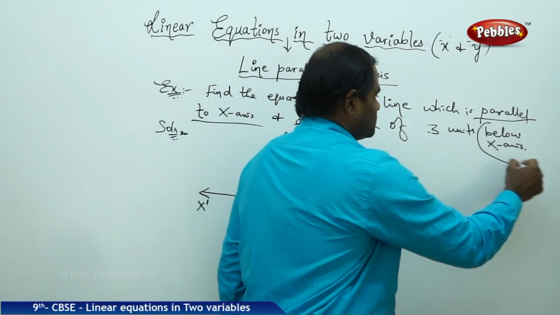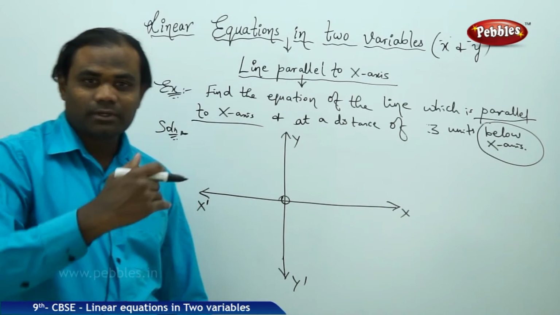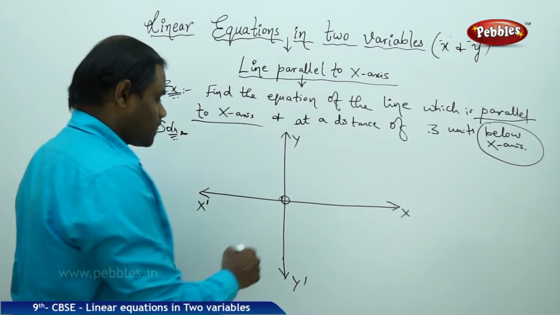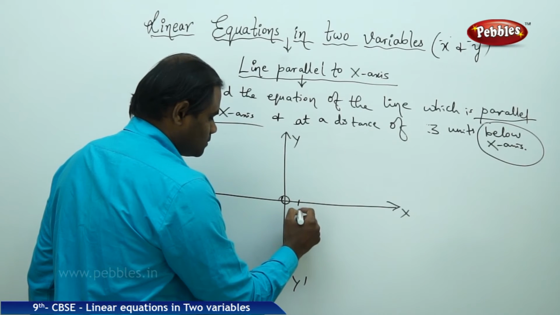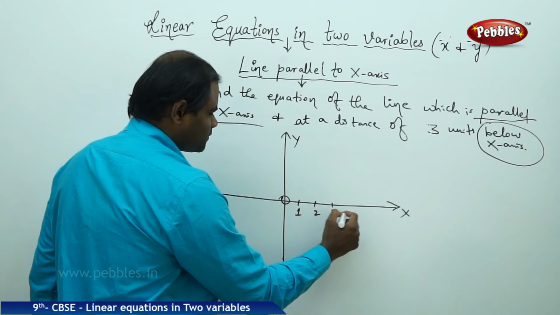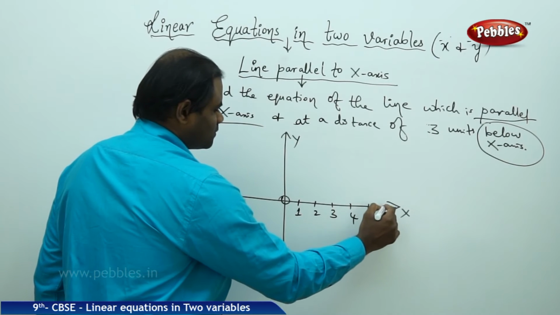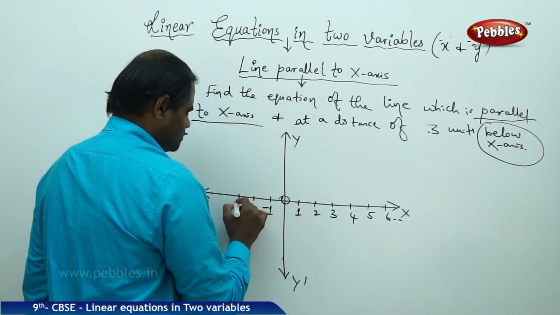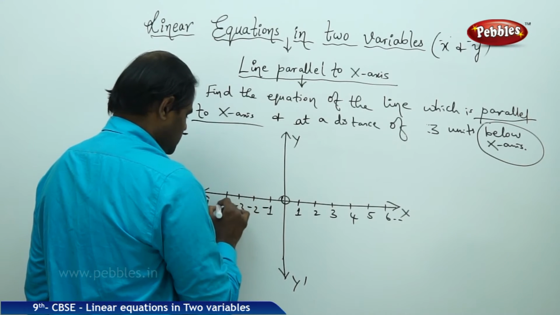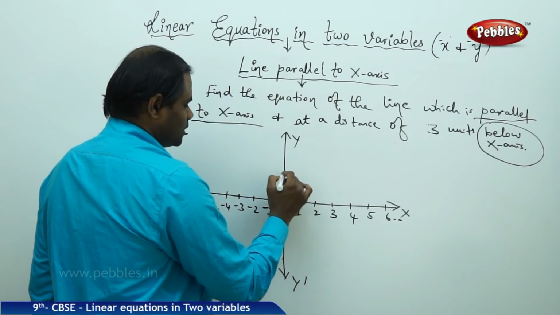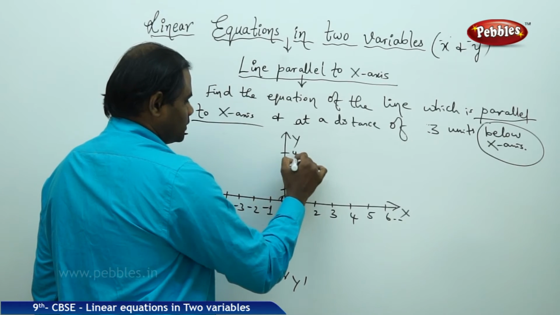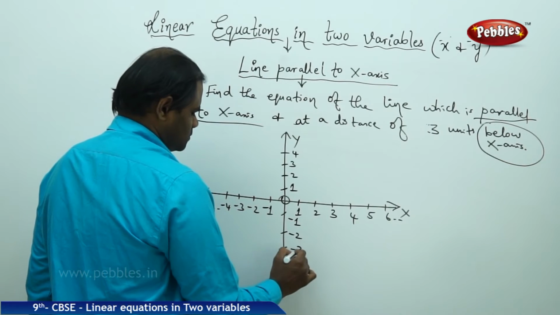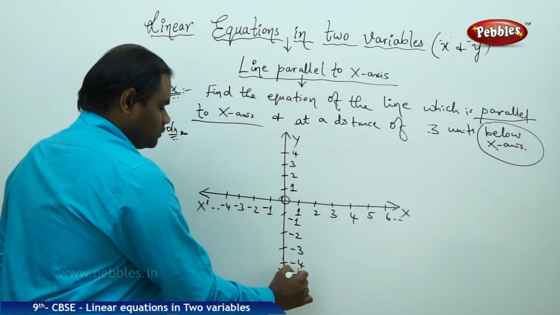Now since the line is 3 units below x-axis, I obviously take the line below the x-axis. So as we take the scale, 1, 2, 3, 4, 5 and 6, and then I have my scale here, -1, -2, -4, and then I have 1, 2, 3, 4, -1.